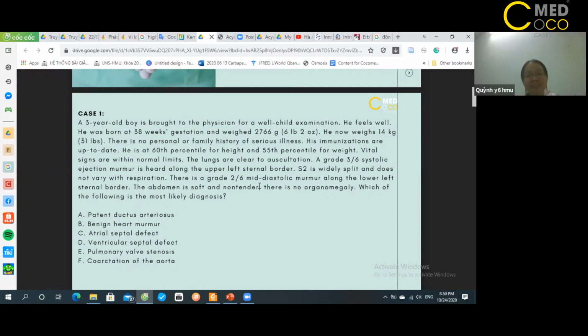That's the reason why, when we go through the cardiology department, our teacher always reminds us to check the blood pressure of the patient in the upper limb and also in the lower limb.